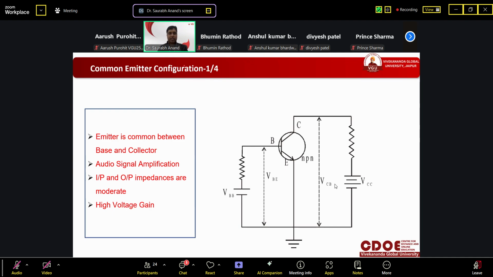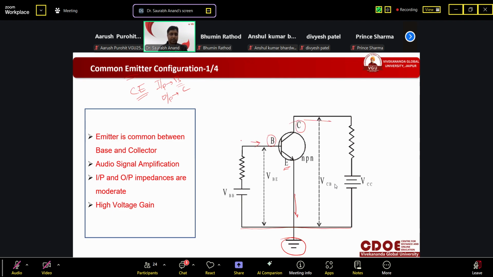Now it is common emitter configuration, that is CE. In common emitter, input will be base and output will be the collector line, because both are satisfied here. So we make the emitter grounded, that is common. The common line is always grounded. Base will be used as input and collector will be output.